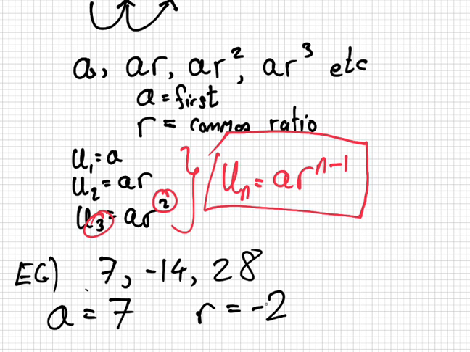If you're not sure how to get the R, one way you can do it is just take this number and divide it by that number. Okay, let's go on to the next example. You need the A and the R for the formulas, just like you need the A and the D for the arithmetic formulas.